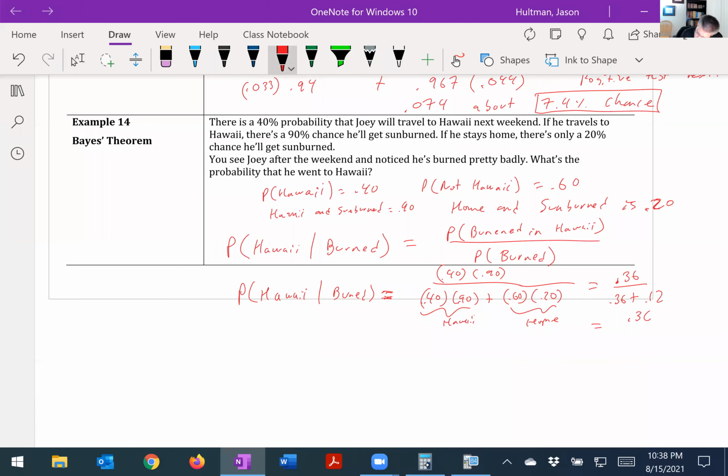So 0.36 over 0.48, that's 3/4 or 0.75. So there's a 75% chance that Joey was burned in Hawaii, which means there's a 25% chance that Joey was burned at home.